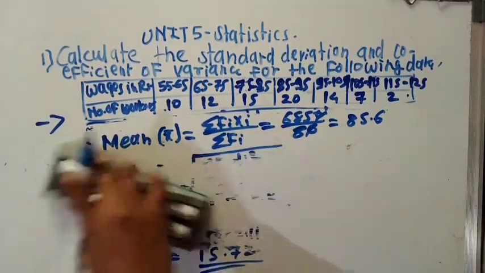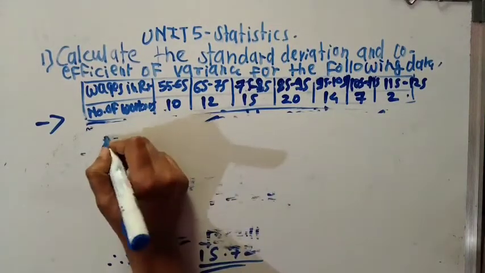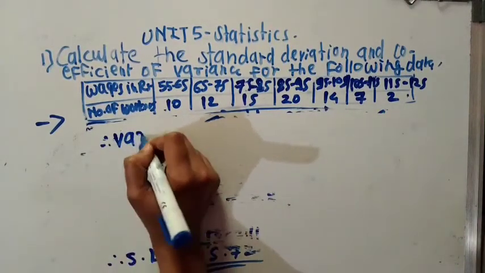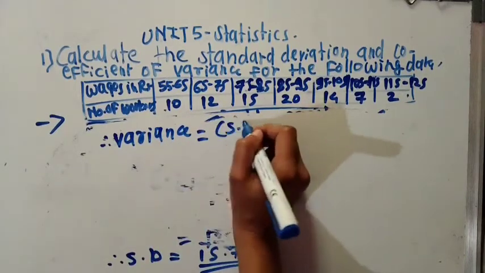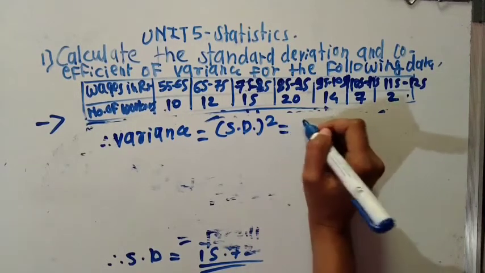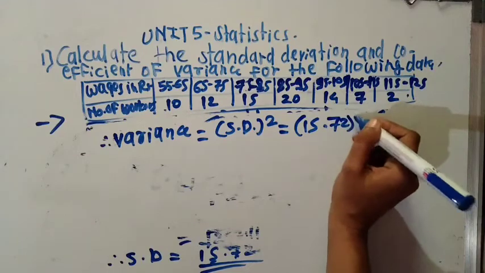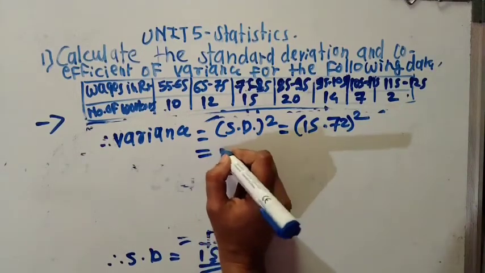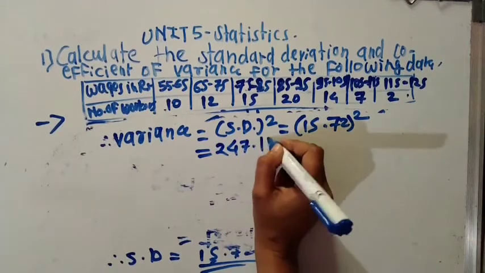Then we find out variance. Hence variance is equal to standard deviation square. This is standard deviation, find out its square, is equal to 247.11.